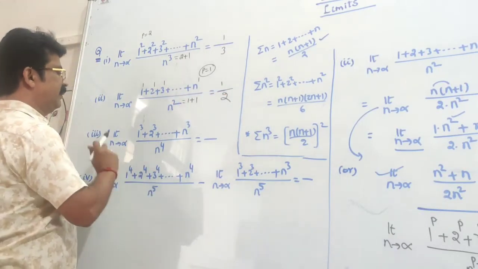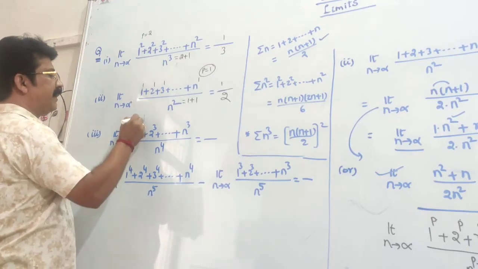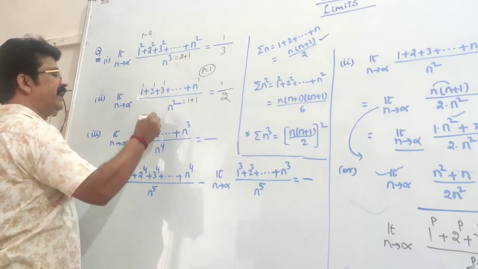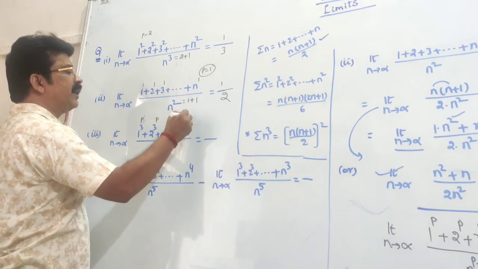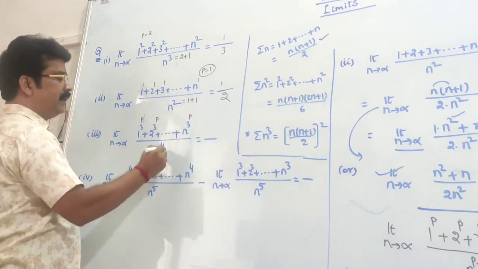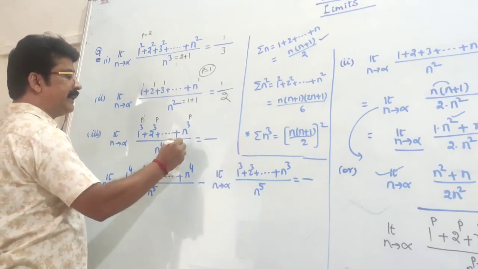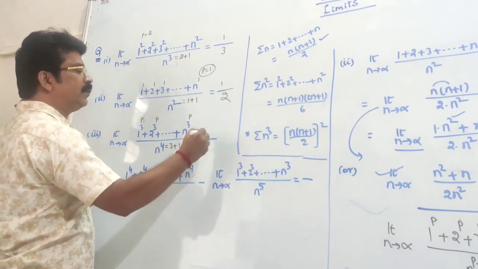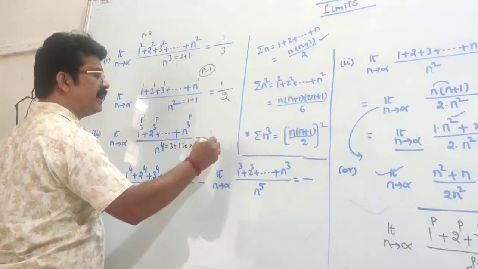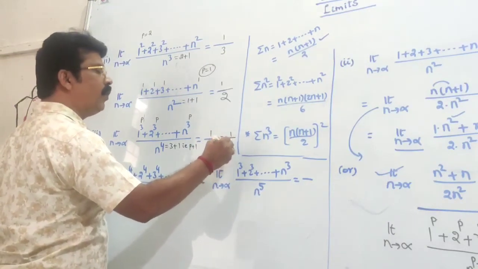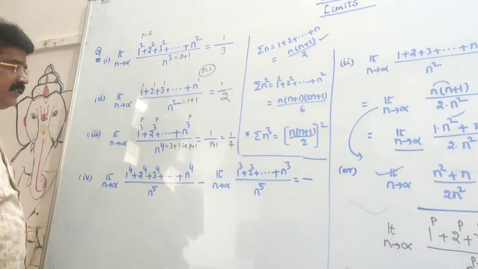Next, here also 1 power p, 2 power p, 3 power p plus and so on, n power p. 4 means 3 plus 1, p plus 1. So the answer 1 by p plus 1 means 1 by 4. Finish. Answer is 1 by 4.